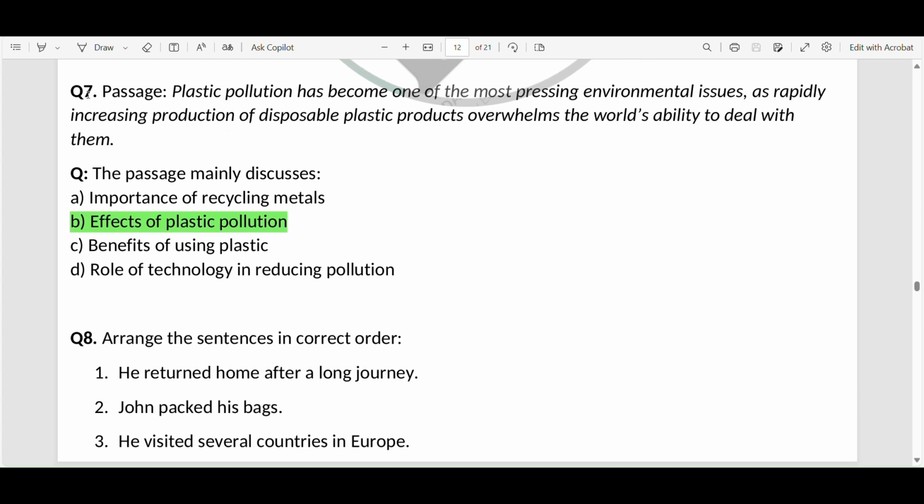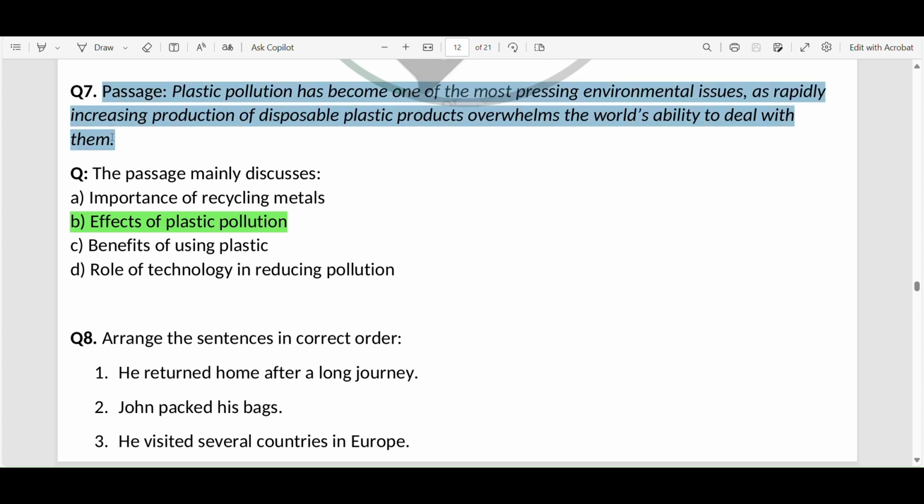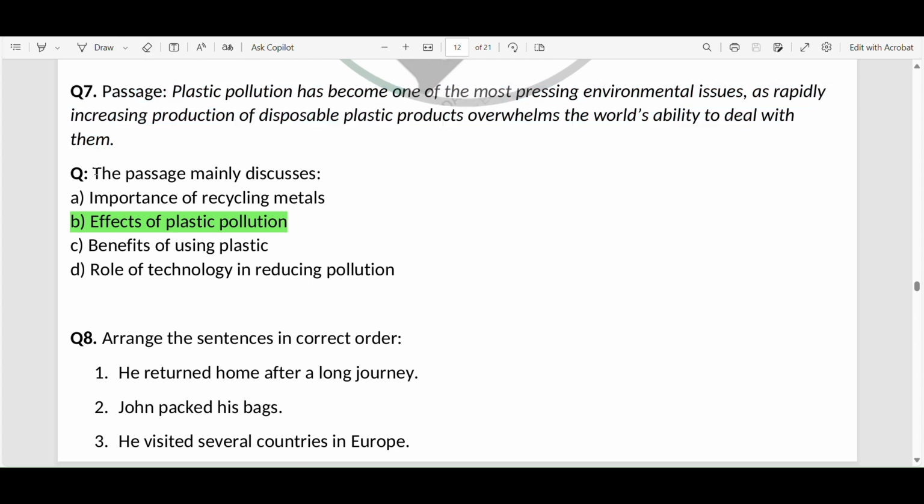When you go to the next one, here we are given a passage and asked a question, and you need to answer this question based on the passage. The passage given is: Plastic pollution has become one of the most pressing environmental issues.